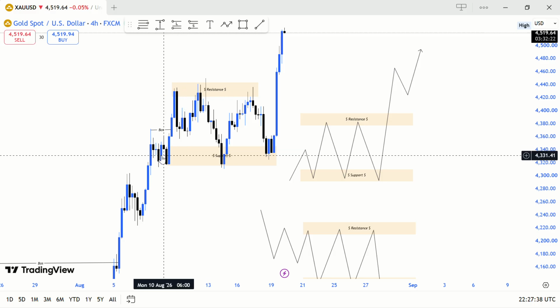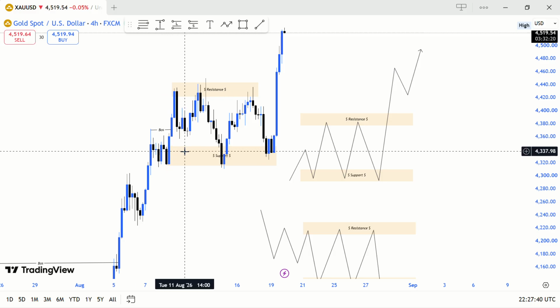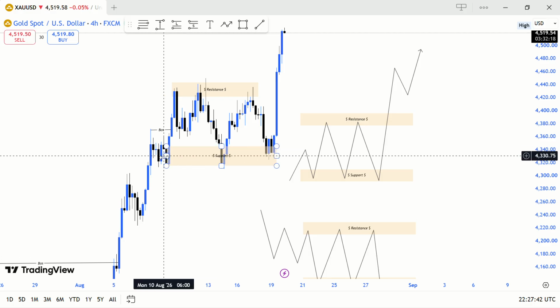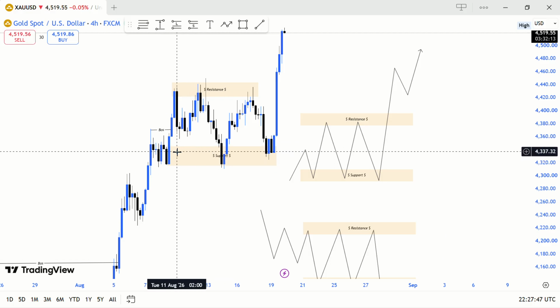That is a second touch after this, to be notified as a second touch, which makes this other block mitigated already.